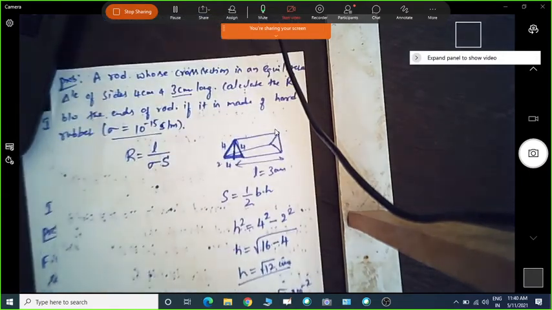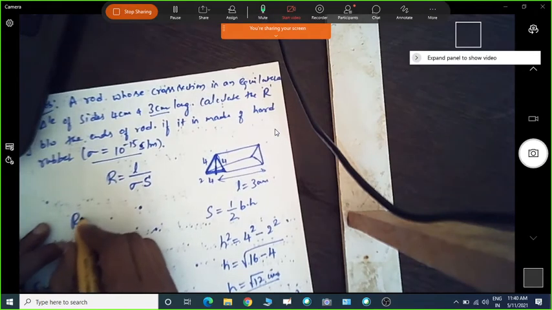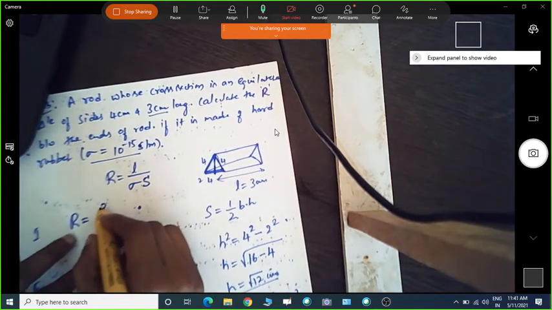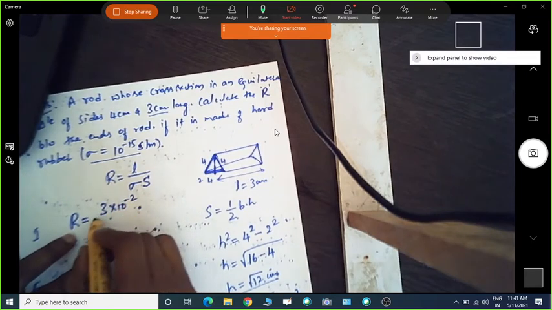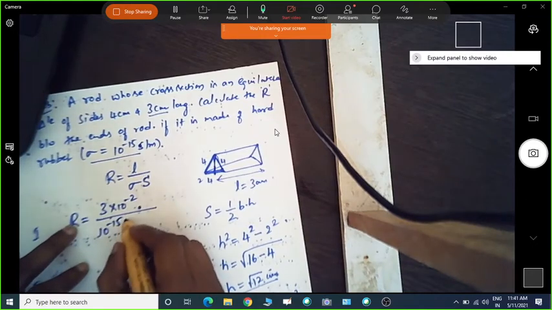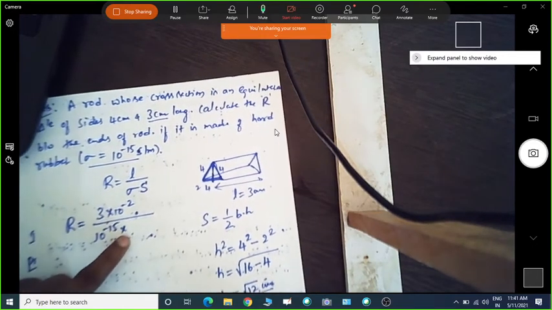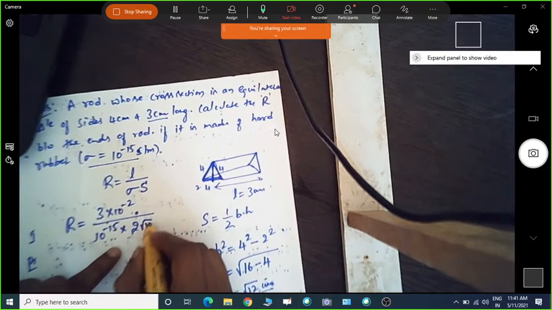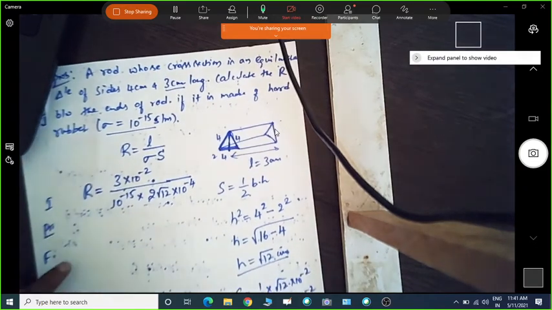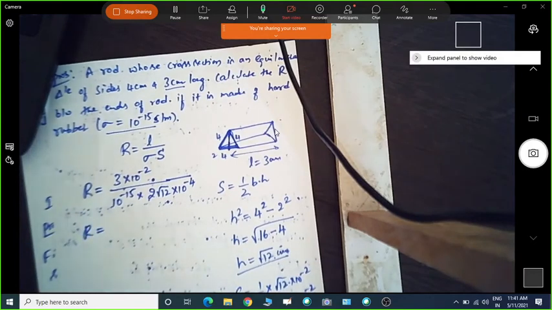Now you can substitute that here, and you will get the resistance value. So R is equal to L, which is given as 3 centimeter, and sigma equal to 10 power minus 15, and we have the surface area, which is equal to 2 root 12 into 10 power minus 4. Now you can find out the resistance. Is it understood? Any doubt in this? Hello?